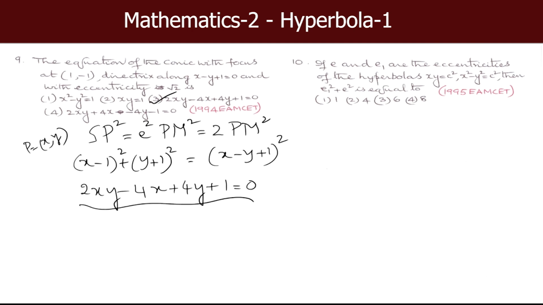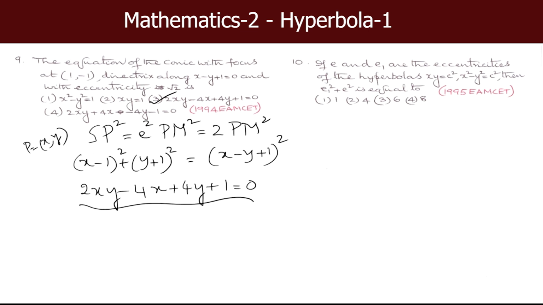If e and e1 are the eccentricities of the two hyperbolas xy equal to c square and x square minus y square equal to c square, one should observe that x square minus y square equal to c square is a rectangular hyperbola and therefore its eccentricity is root 2. xy equal to c square also is a rectangular hyperbola.